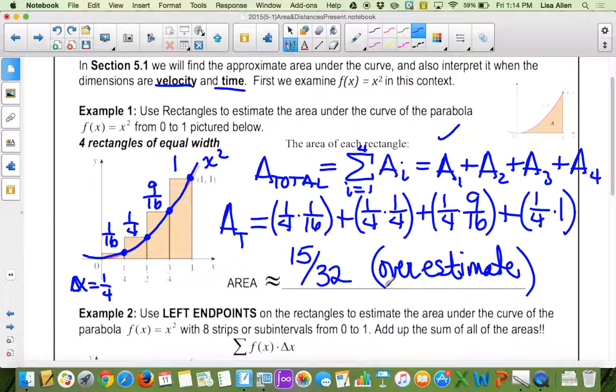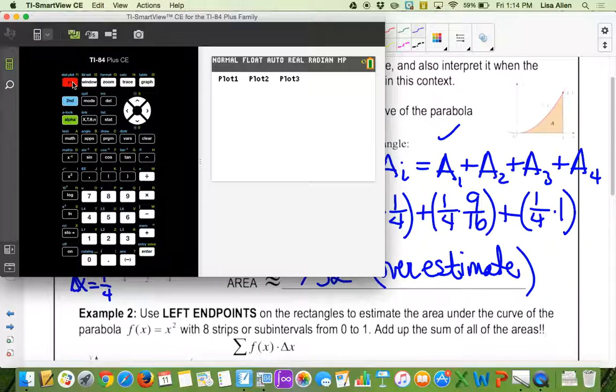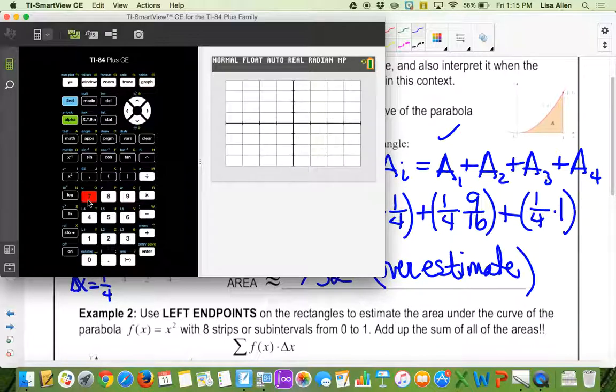Taking your graphing calculators and putting y equals x squared into them, let's do that quickly. Y equal, clear it, and we'll put in x squared. Now we're going to find the actual area, and then we'll be comparing it to the next 2 examples as well. So if we hit second trace, and 7 for the area function, the antiderivative, and we'll talk more about that, but just using 7 right now, it asks you for the lower limit.